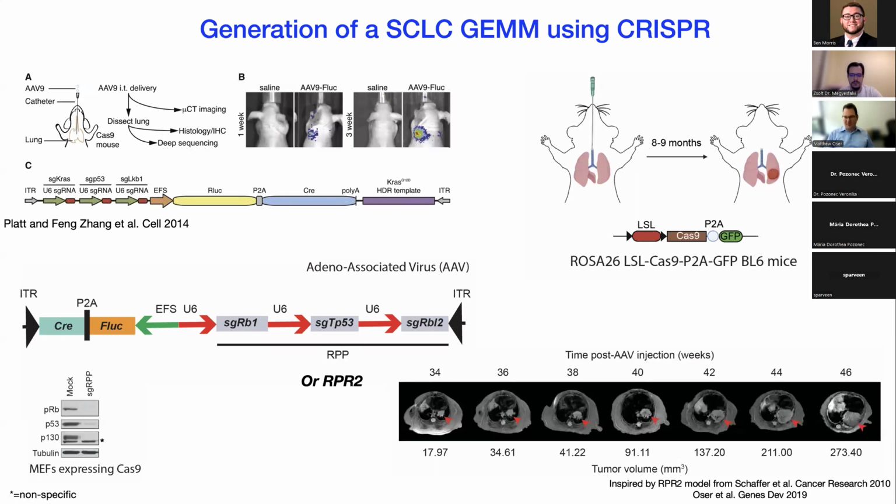In this paper, there were several proof-of-concept experiments, but one of these was that he had developed a KRAS LKB1 P53 model. And I think there were challenges with this model, particularly related to incorporation of the KRAS mutant allele.